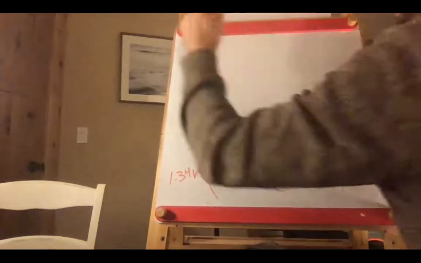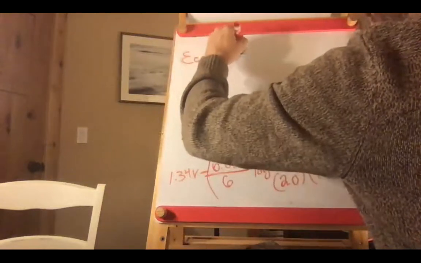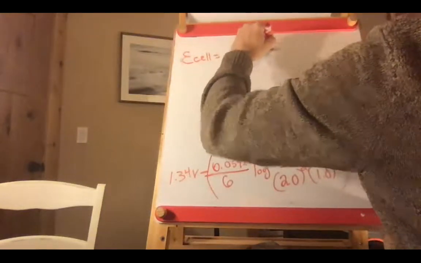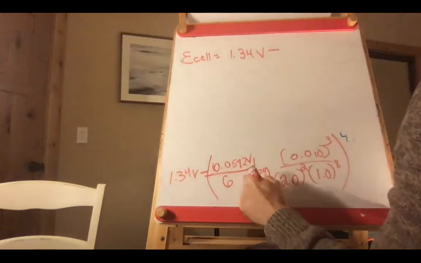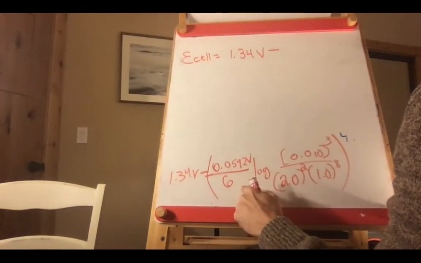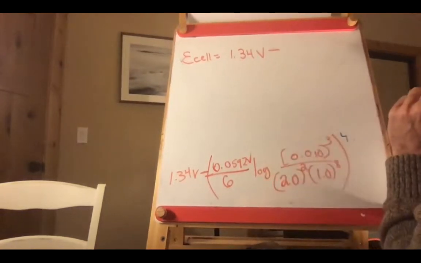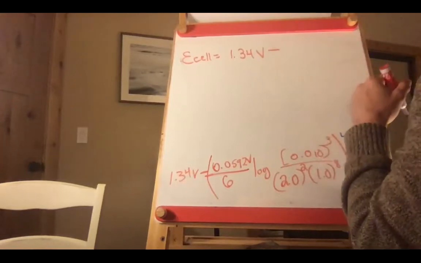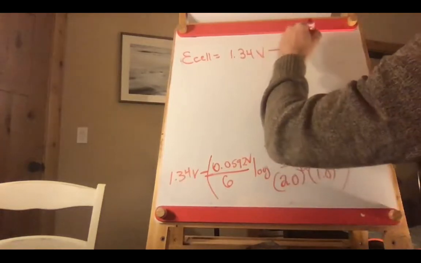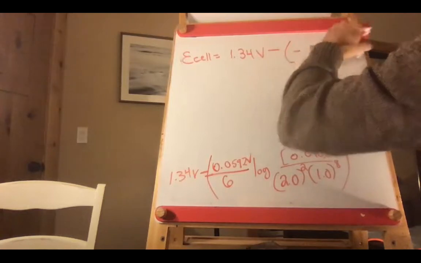For our Nernst equation, we get E equals 1.34 volts minus 0.0592 volts over 6, because that's our moles, times the log of those concentrations that we were given. Okay, so that's going to end up being minus a negative 0.065 volts.